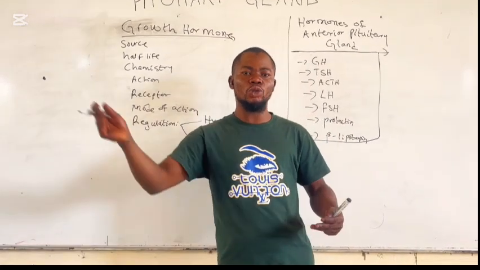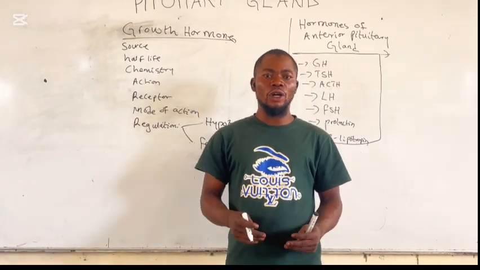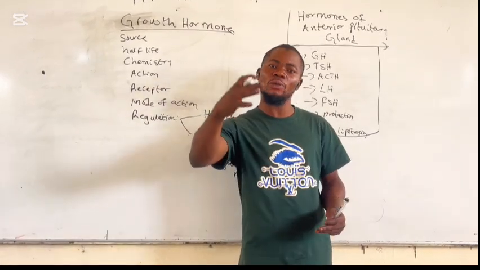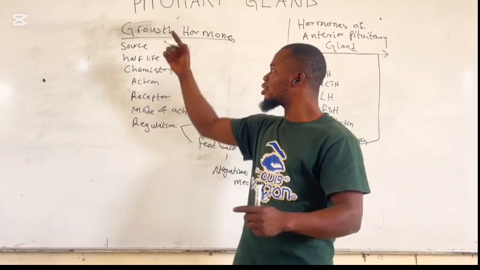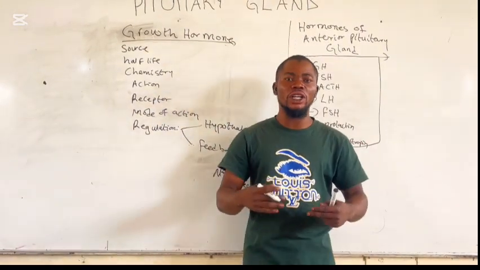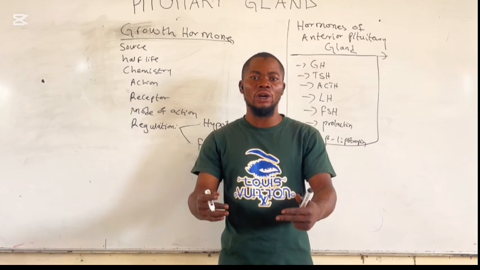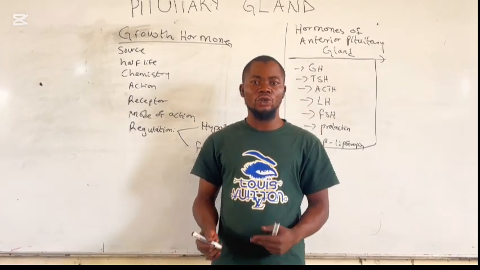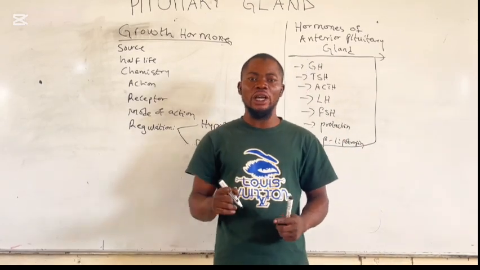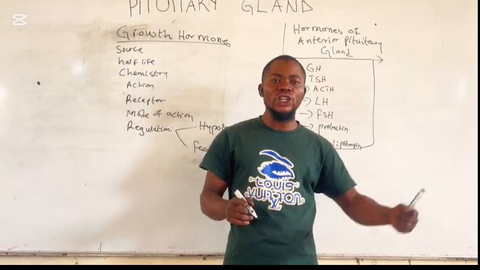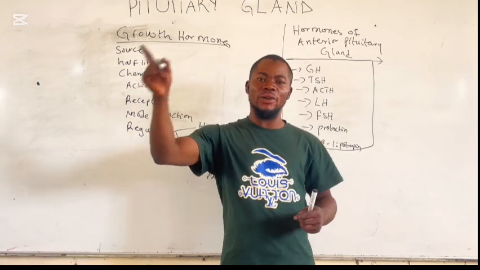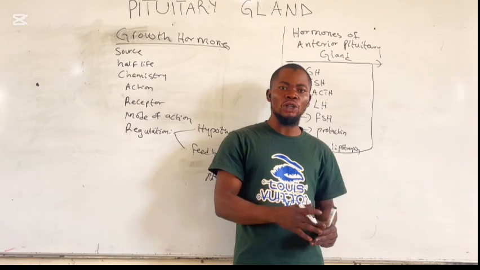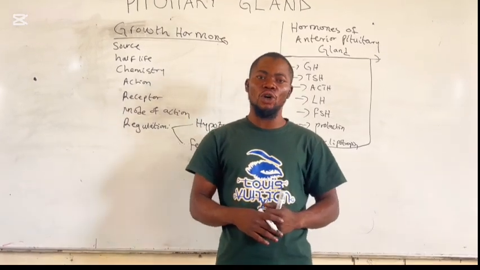Growth hormone binds to receptors to form a hormone receptor complex, which leads to the release of somatomedin. An increase in somatomedin in our system acts on the hypothalamus to release growth hormone inhibitory hormone, which inhibits the release of growth hormone from the anterior pituitary gland. That is a negative feedback mechanism, because the increase in somatomedin, through which growth hormone acts, has an effect on the hypothalamus to release growth hormone inhibitory hormone.